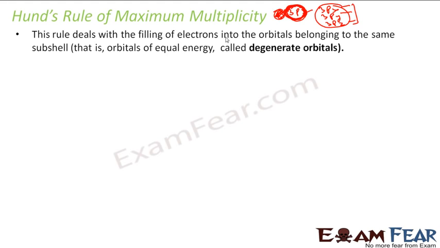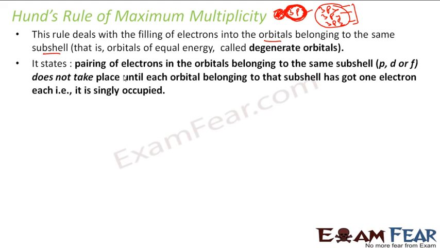This deals only with subshells that have orbitals of the same energy, called degenerate orbitals, and it deals with the filling of electrons in those orbitals. It says that pairing of electrons in orbitals belonging to the same subshell, p, d or f, does not take place until each orbital belonging to that subshell has got one electron.